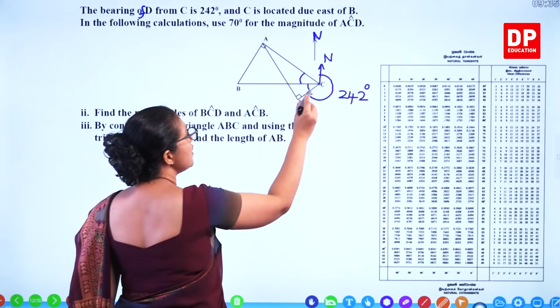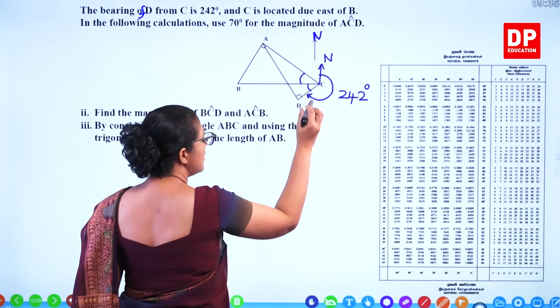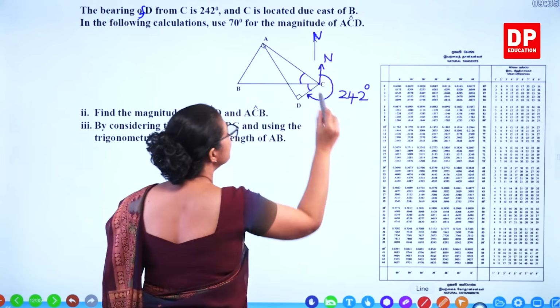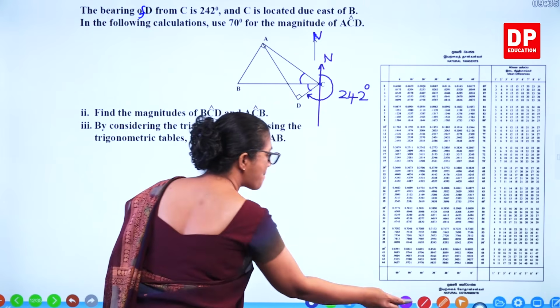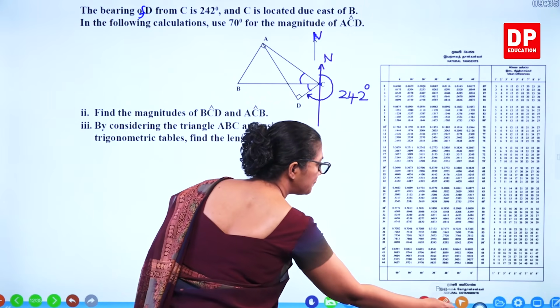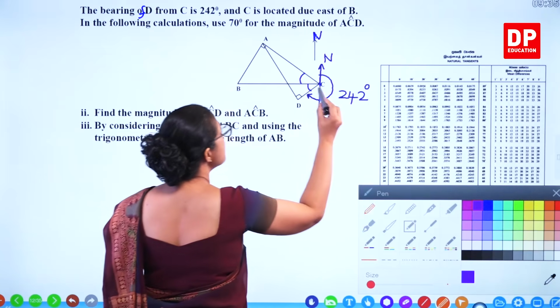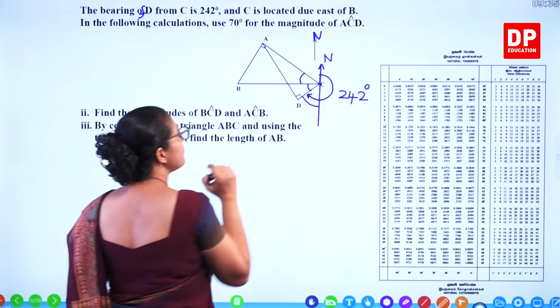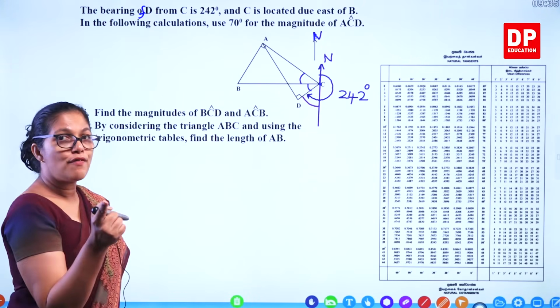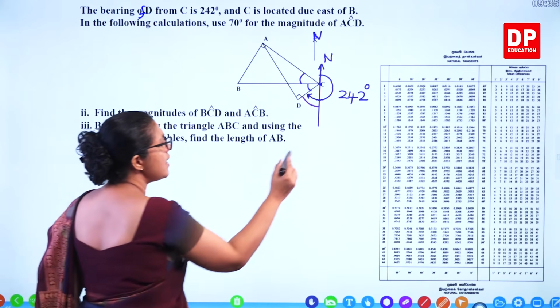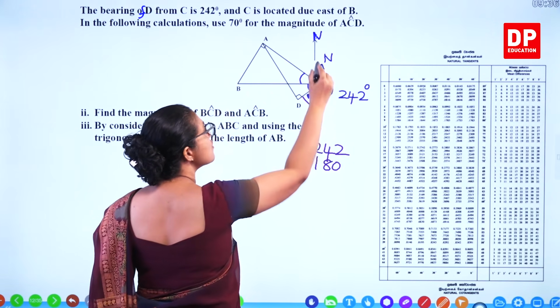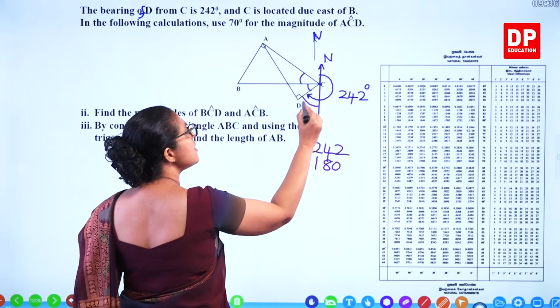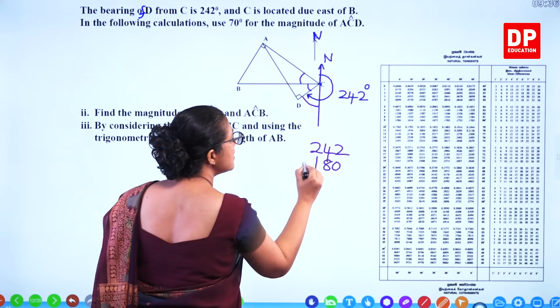Now how can we find this angle? Now extend this north line. You can find this angle. What's that? 242 minus 180, because this is a straight line. So this is 180. So you can find this angle.